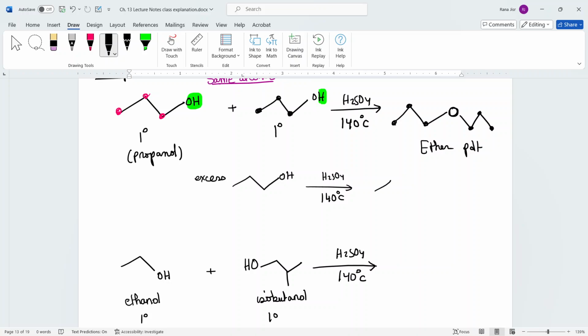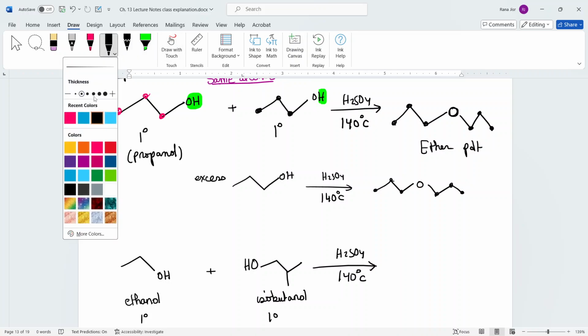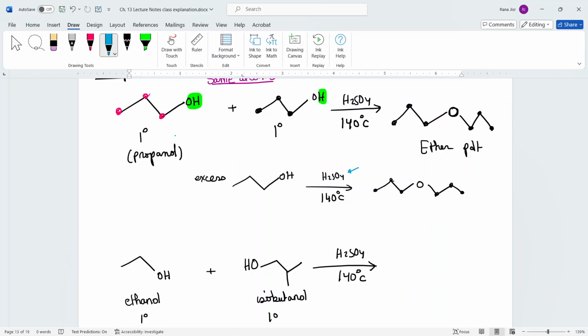Then the product is going to be condensing those 2 alcohols together, and I'm going to end up getting my ether product. Okay, guys, remember that the acid is very important in this reaction. So if there is no acid in there, there will be no reaction.